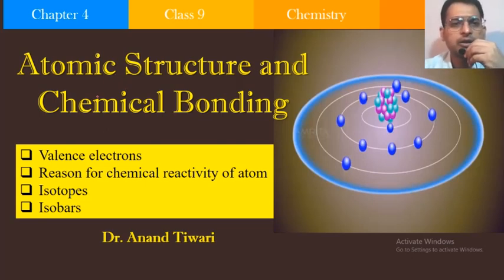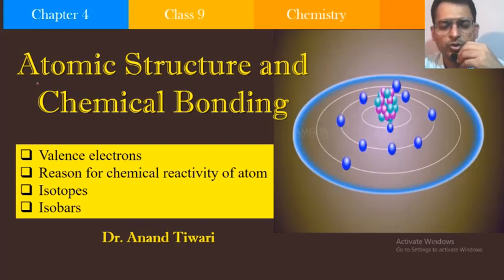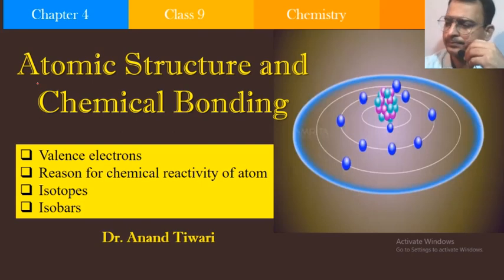In our earlier class, we discussed the atomic structure, particularly the discovery of the electron, the discovery of the proton, the discovery of the nucleus, and the various theories concerning the atomic structure.